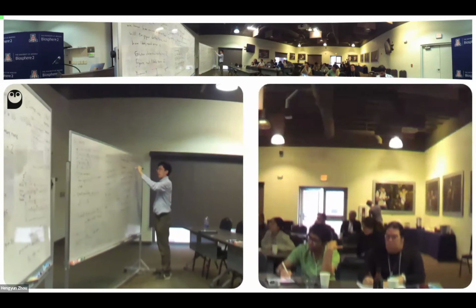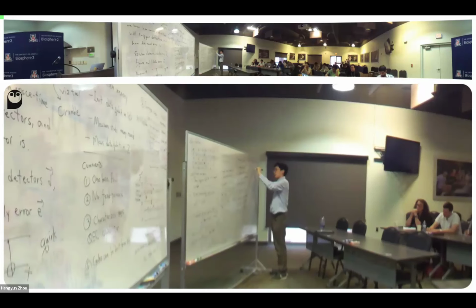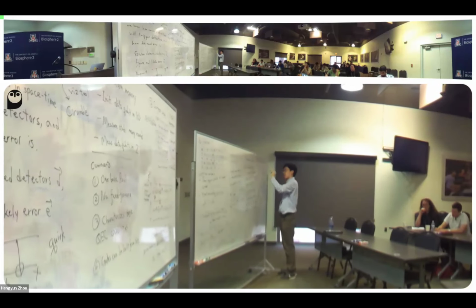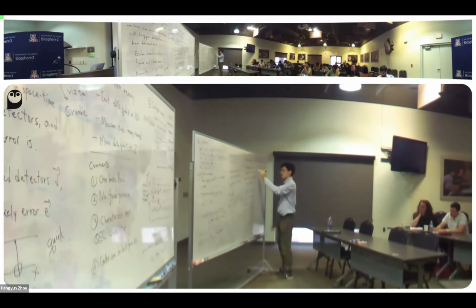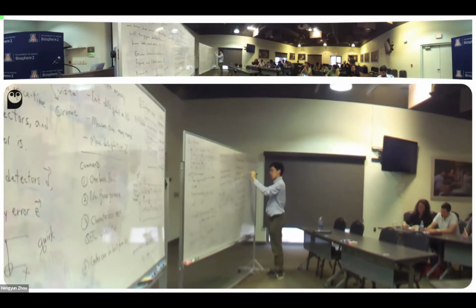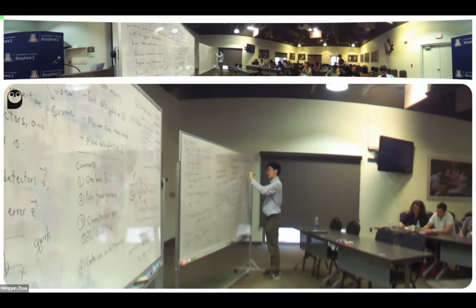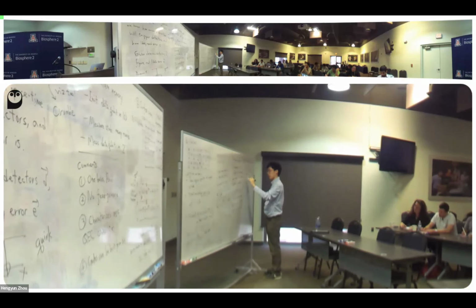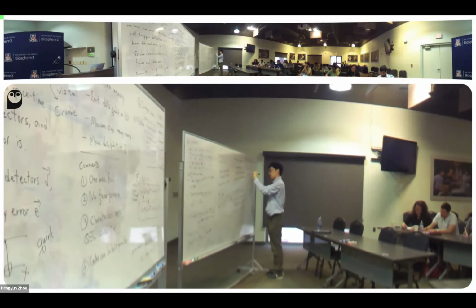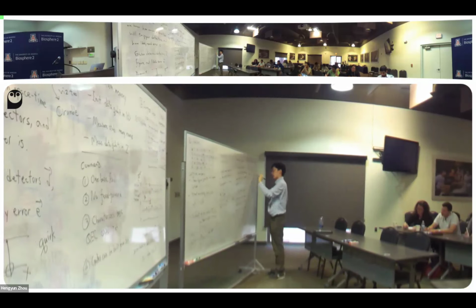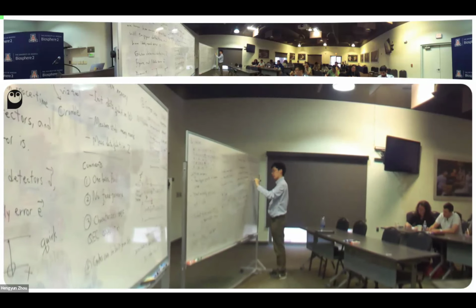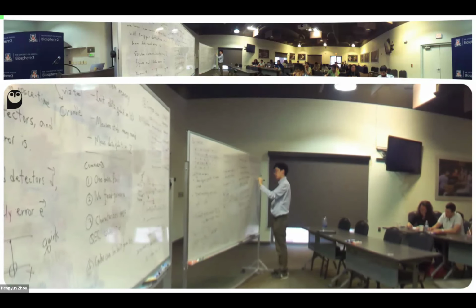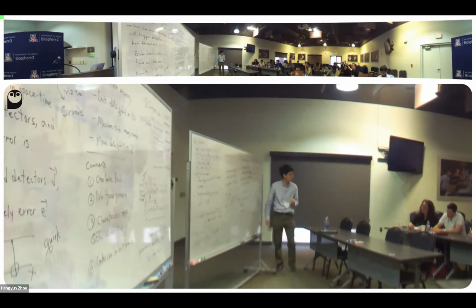So we know what Paulis are. Paulis are X, Y, Z. Cliffords are unitaries such that U dagger Pauli U is equal to some other Pauli.